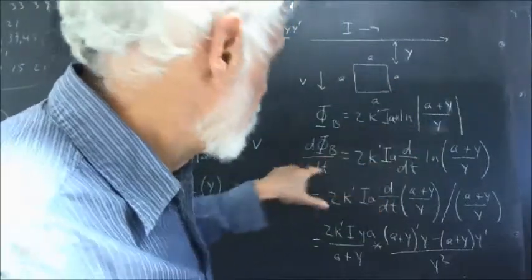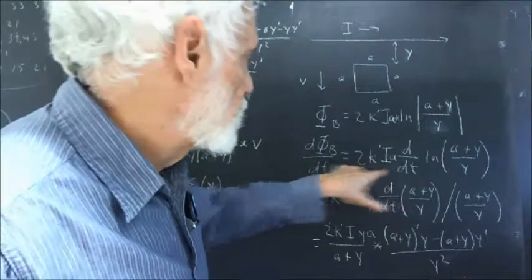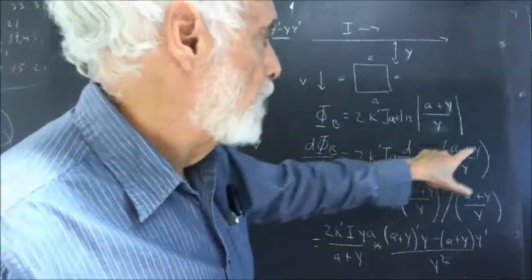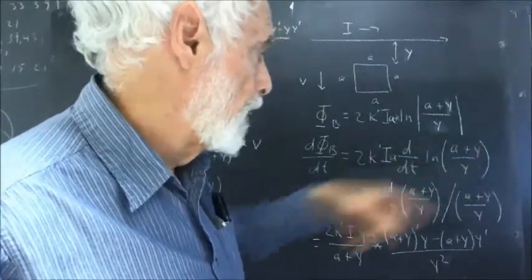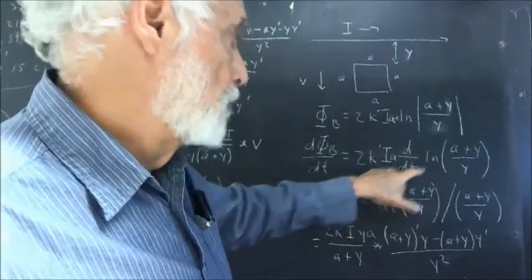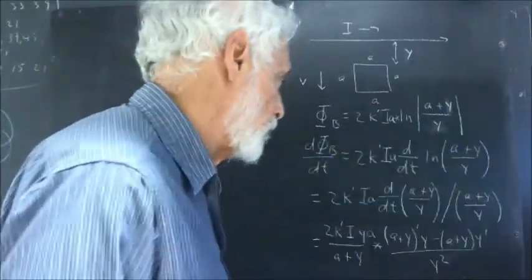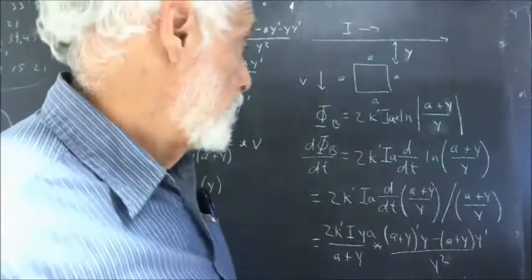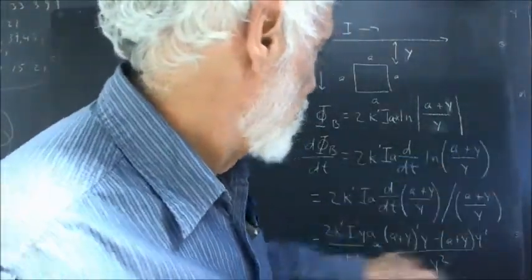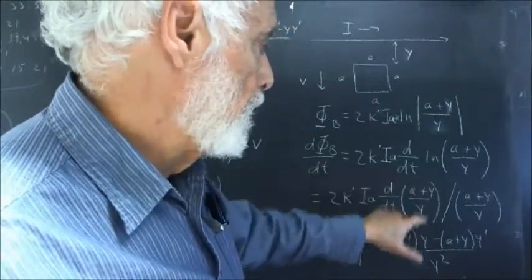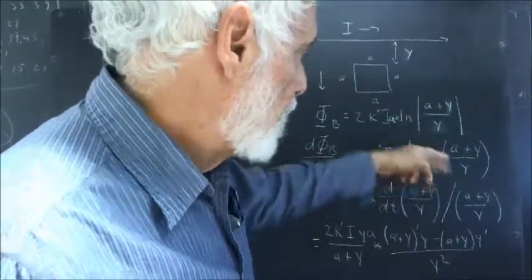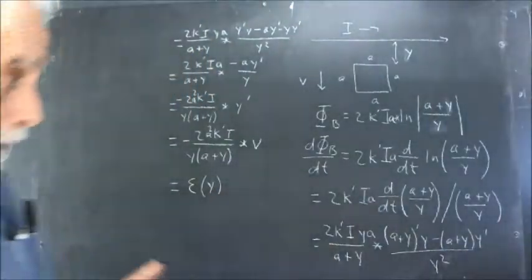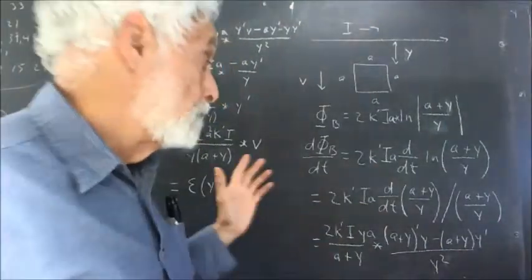All this is constant, but we have y terms here and here in the natural log, so we're going to have to take the t derivative of the natural log of (a plus y) over y. In a straightforward manner, the inner function being this, we take the derivative with respect to t of that, and then it's divided by this quantity because of the natural log. Just review the natural log if you don't understand that.